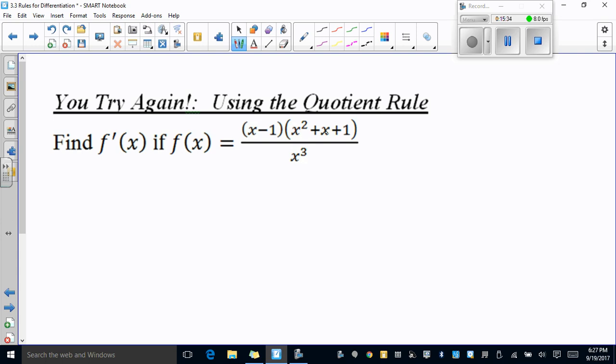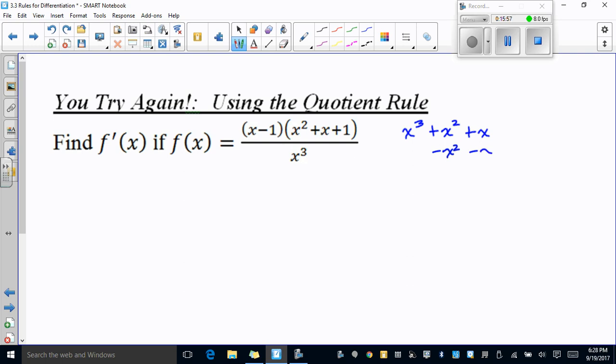So we'll distribute the x through and then the -1 through. X times x squared gives me x cubed. X times x gives me x squared. And x times 1 is x. And then subtract everything by -1. So -1 and x squared is negative x squared. -1 times x is negative x.